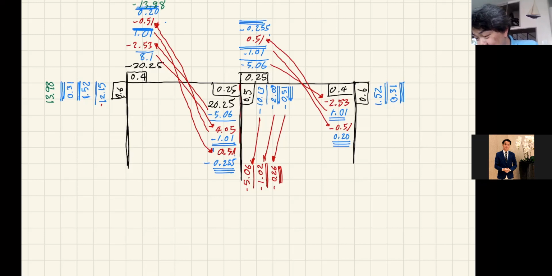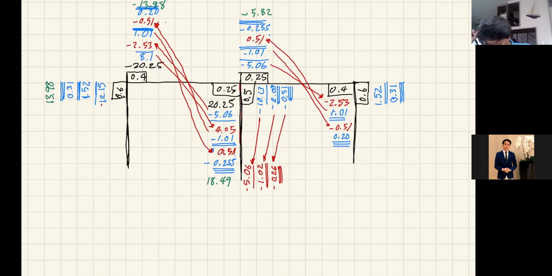Right here at the end of member AB on B side, we have 18.49. Next is minus 5.82. And right here on the column BE, oh, I can't read my handwriting.